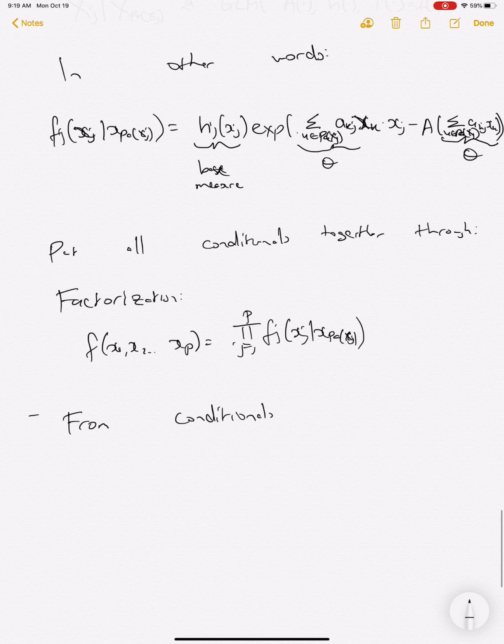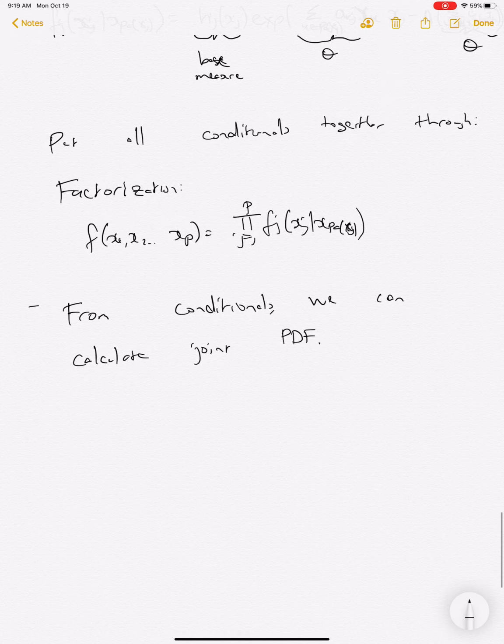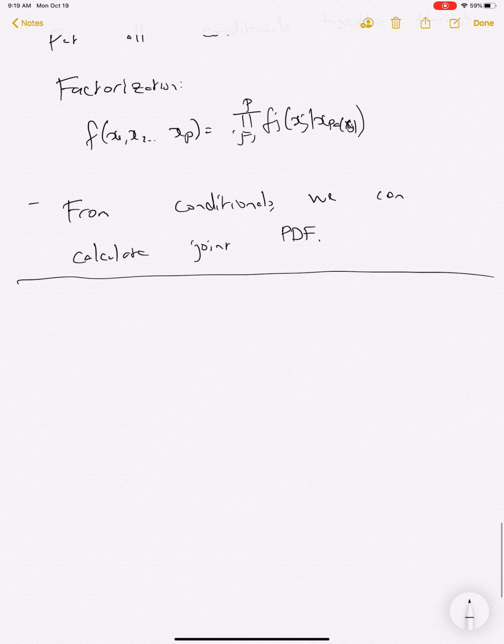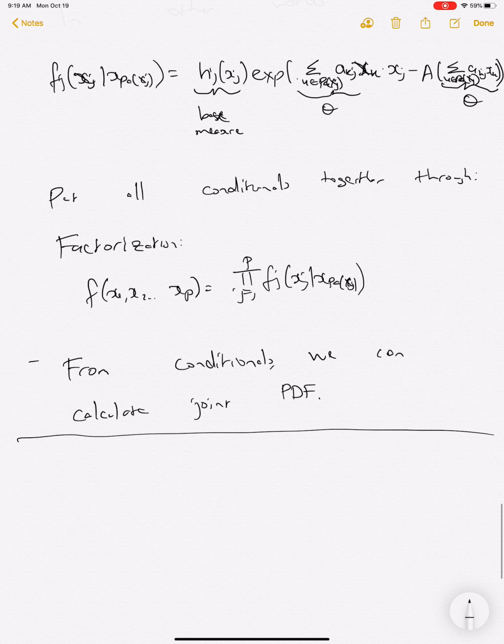From these conditionals, we can calculate the joint PDF. This is a pretty nice result and a nice way to interpret these DAG models. And this gives you a natural parametric way to define DAG models.